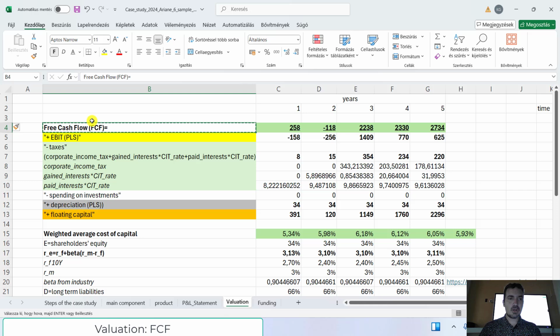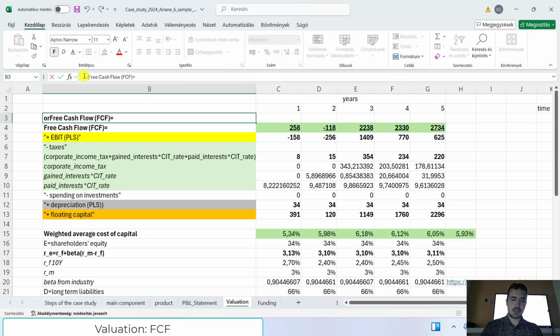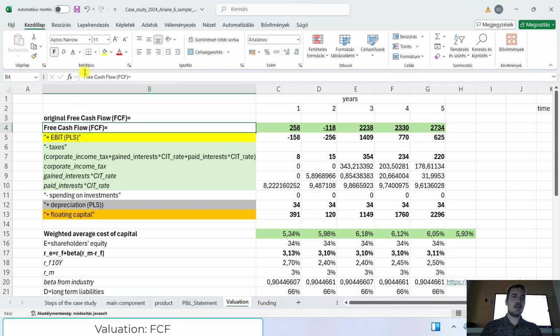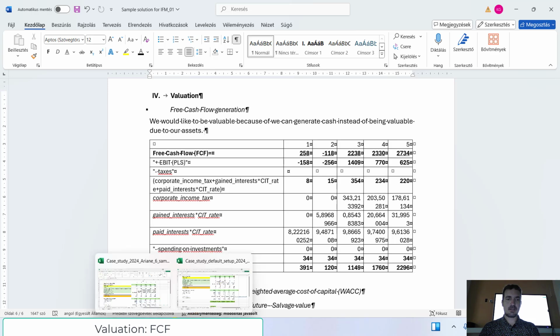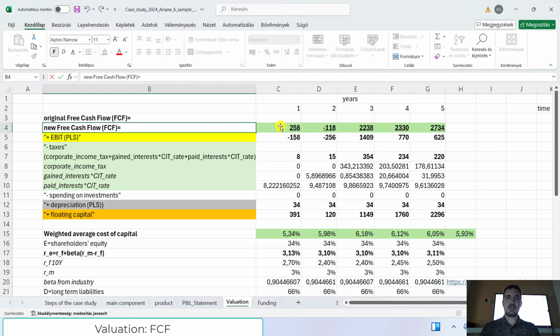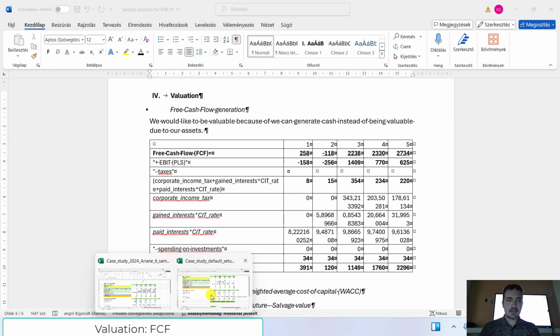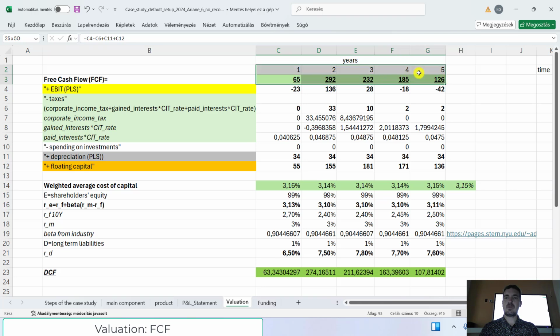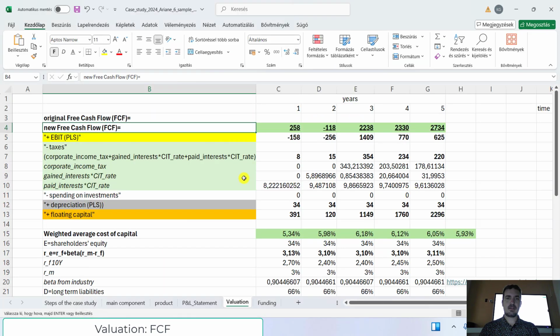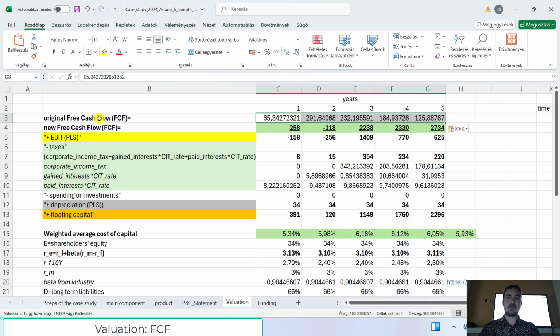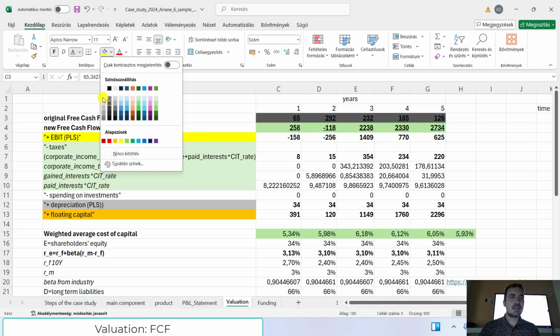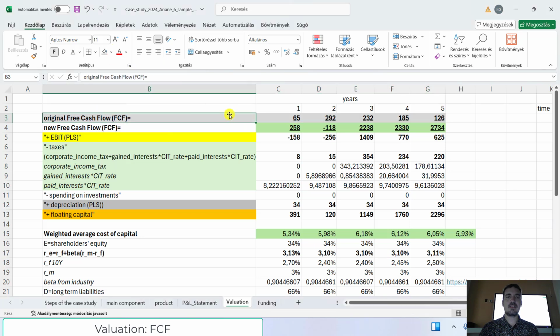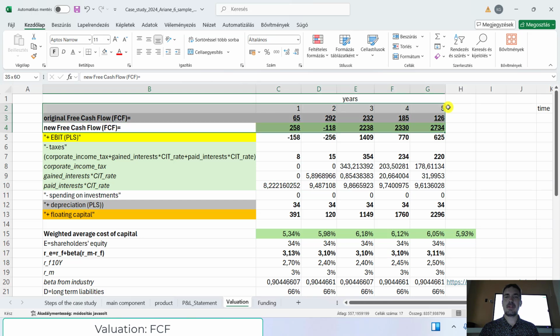So we can see the old free cash flow will be the original, the new, because why not? I don't want to link them together because this can create just further problems. And instead of using green, let's use gray, because we can see that this is not related to the present company.